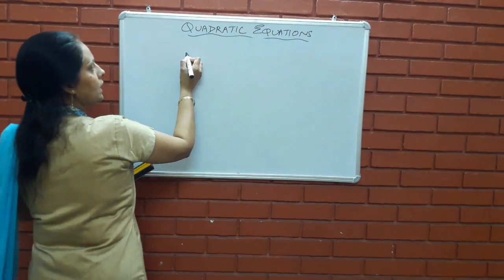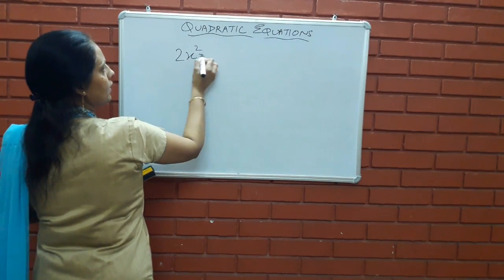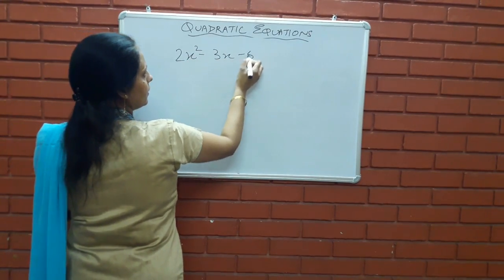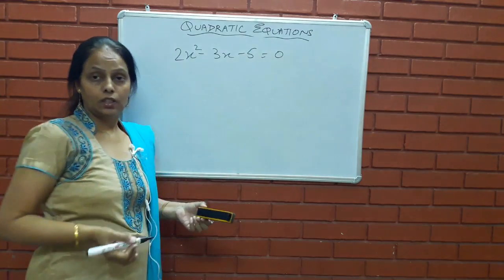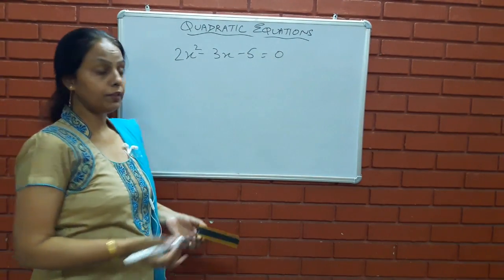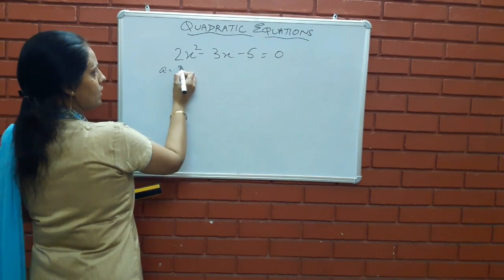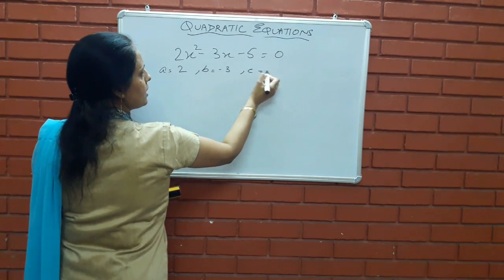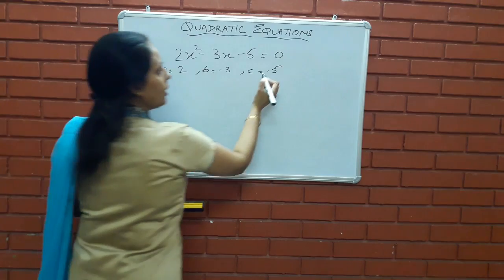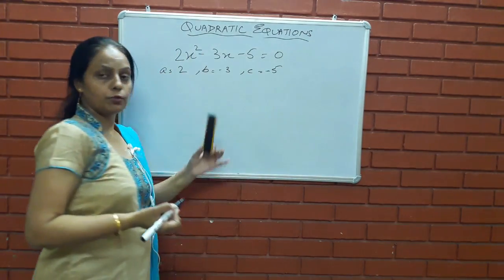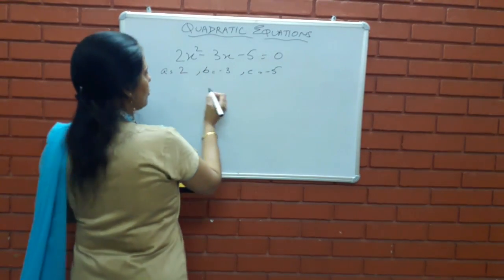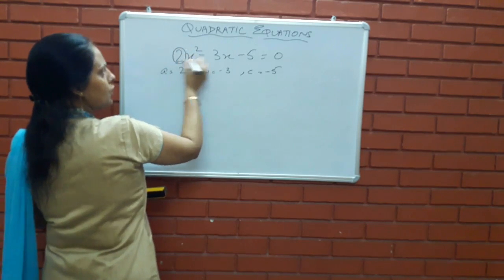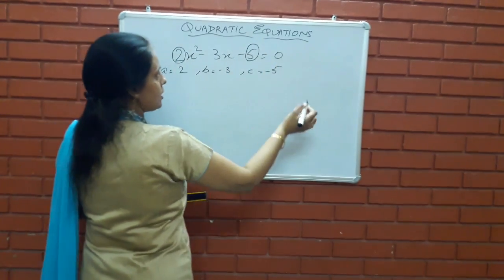We can take this example. First of all we have to find the factors. So here a is equal to 2, b is minus 3, and c is minus 5. If we want to factorize it, we have to multiply the coefficient of x square with the constant value.